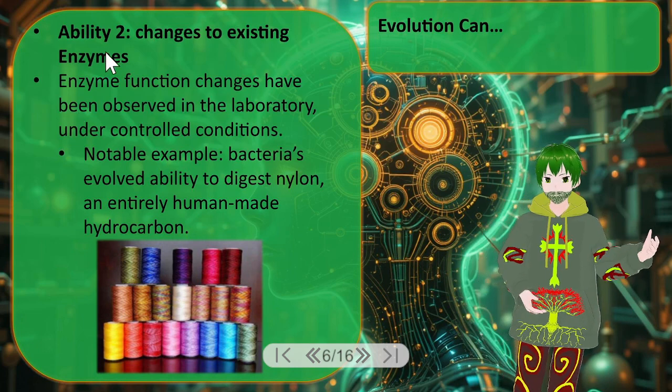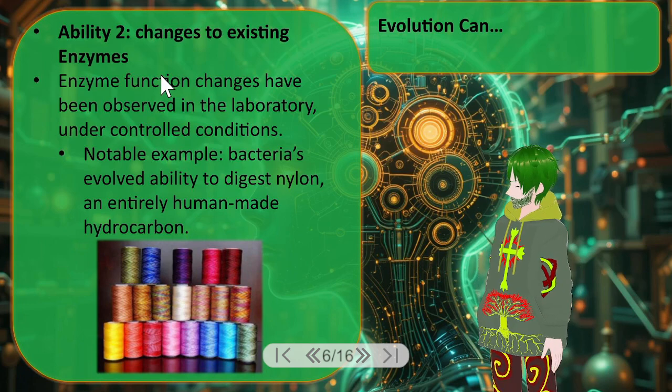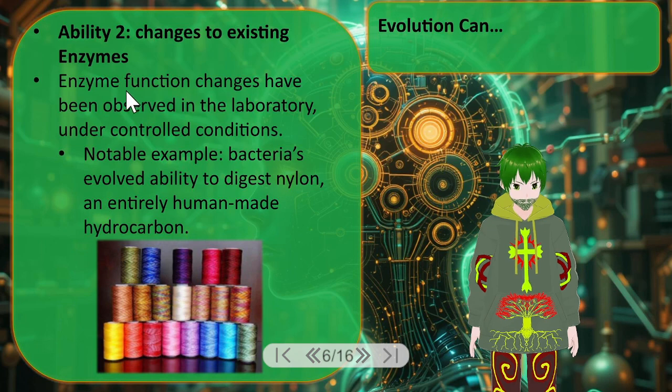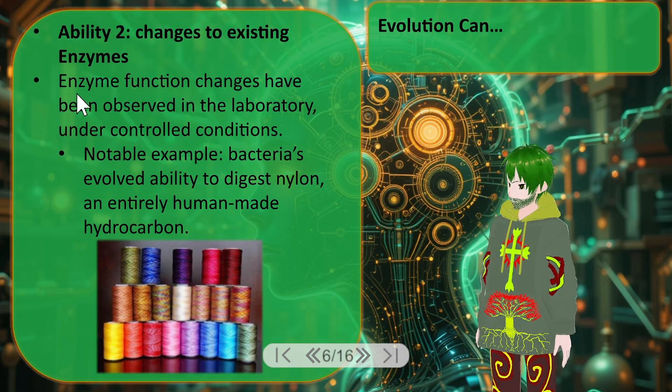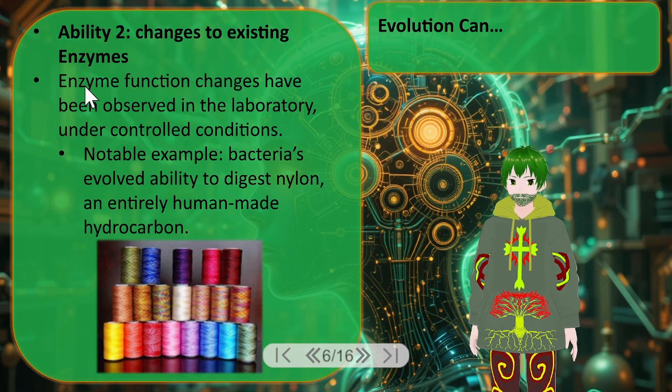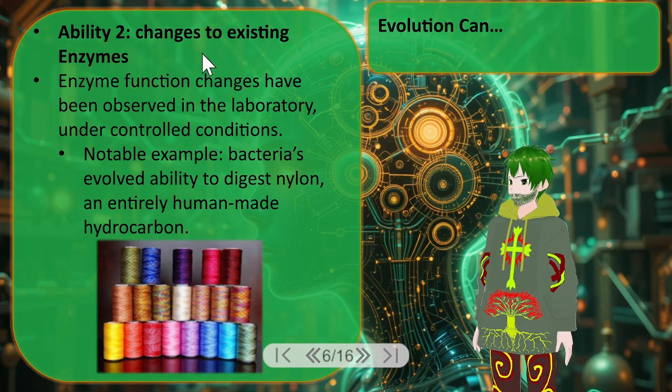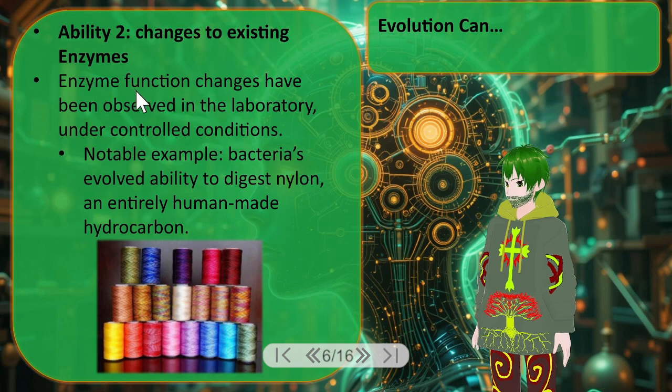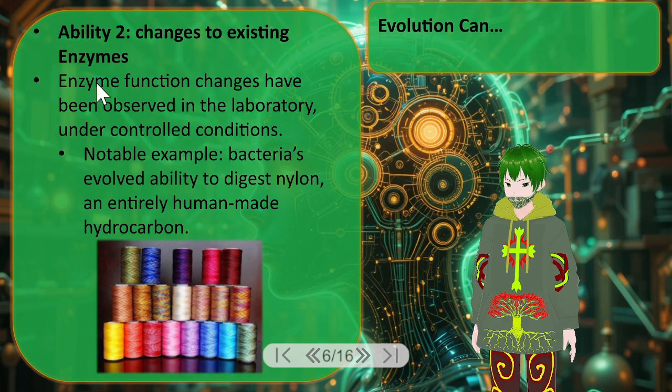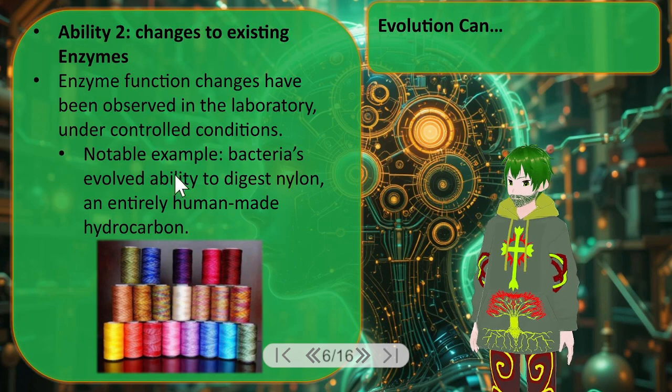But evolution can do this. We've had bacteria evolve this ability. It's a single protein enzyme change, but apparently this is within the capability of random mutation and natural selection and whatever adaptive programming exists within a bacterial cell to be able to do. Okay.